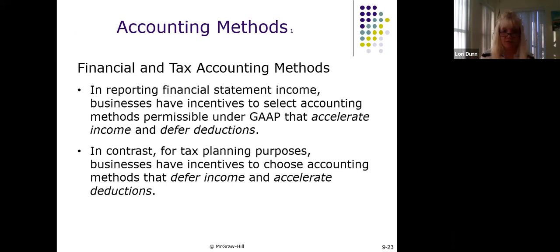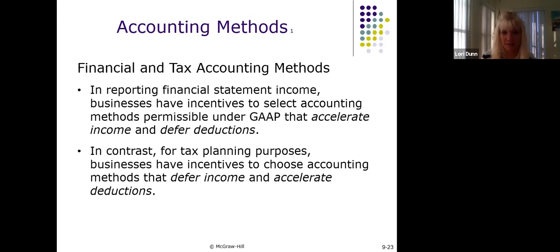So remember, we have financial, which is GAAP. So remember here in our first bullet, when we're making a financial statement, so the accounting we do to make a financial statement, we follow the rules, generally accepted accounting principles.